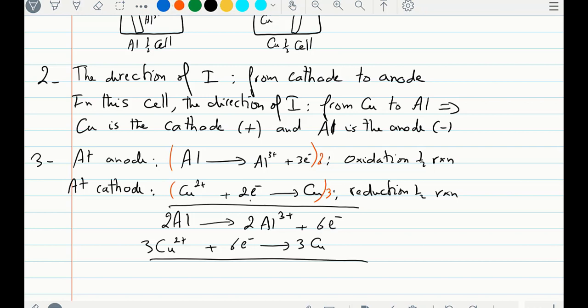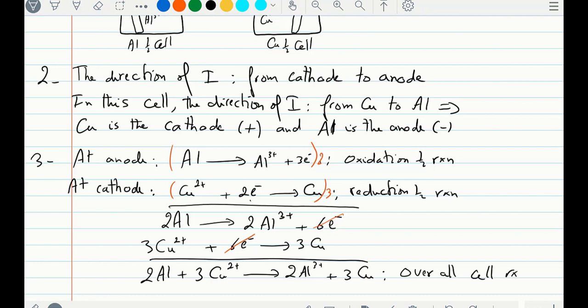Now we simplify the 6 electrons after the arrow and 6 electrons before the arrow. The overall becomes 2Al plus 3 Cu2 plus give 2Al3 plus plus 3 Cu. Overall cell reaction.